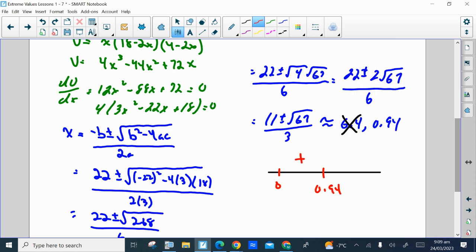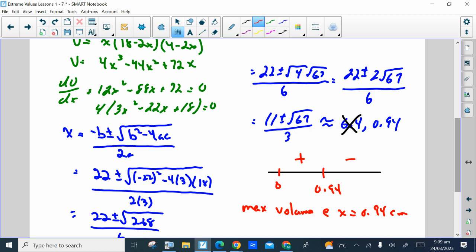To the right of 0.94, a number like positive 1, it's going to be 3 take away 22, which is negative 19, plus 18 is negative 1. So that confirms that you're going to have a maximum when x equals 0.94 centimeters.